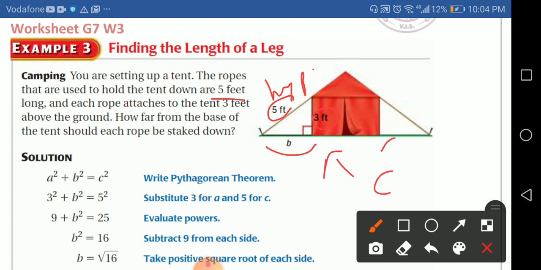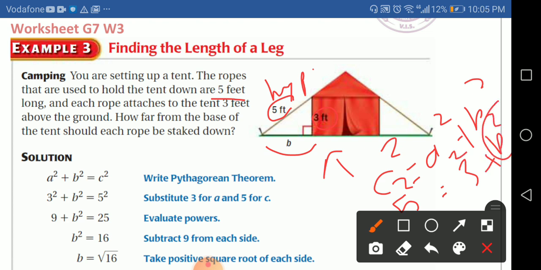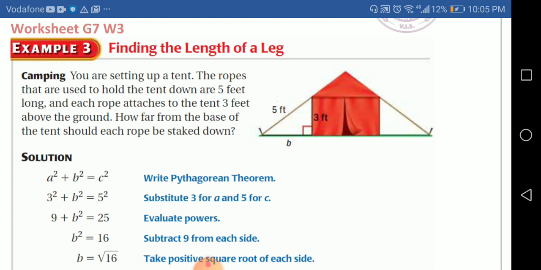So I will say C squared equals A squared plus B squared. C squared, I know it is the hypotenuse, which is 5 to the power 2, 5 times 5, 25. And A power 2 is 3 power 2, plus B power 2, which is required. 3 power 2 means 3 times 3, 9.